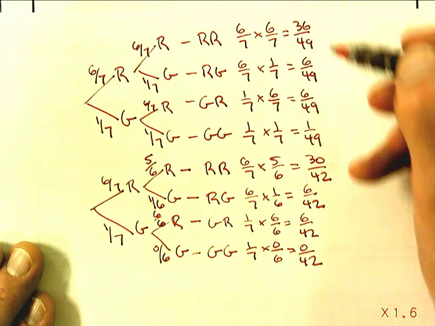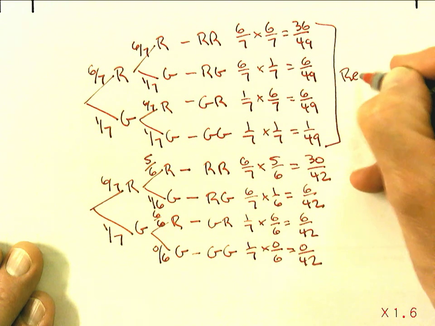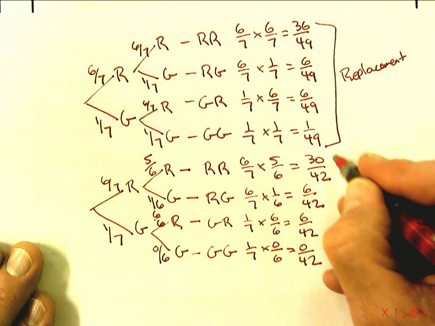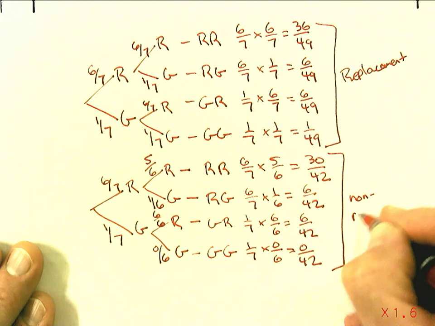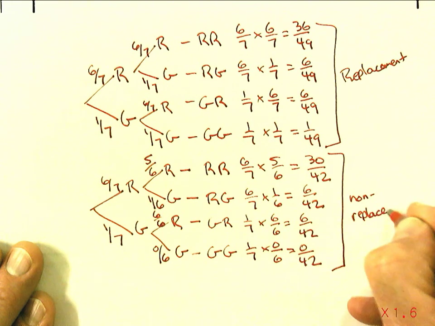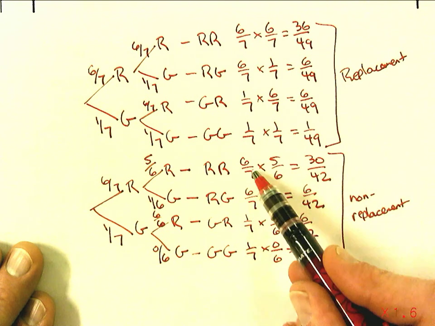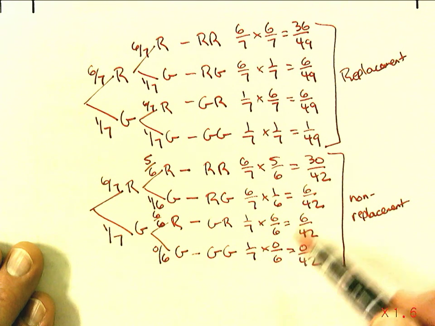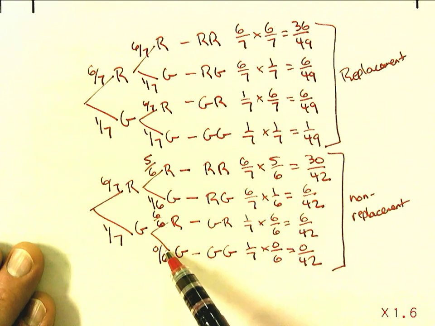So again, you can see that this is with replacement. You put the marble back in, and this is with non-replacement. You can see that on the first draw there's 7 in the bag, on the second draw there's only 6 in the bag, and you have to take that into account as you do the probabilities in the second set.